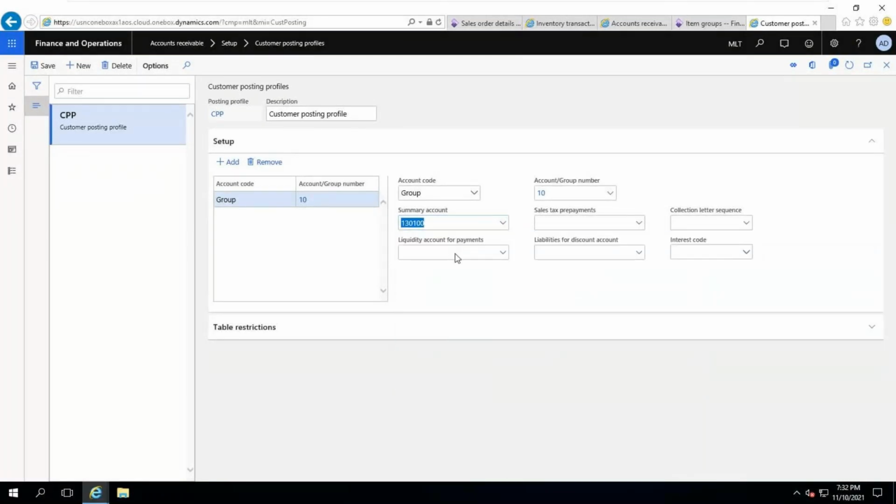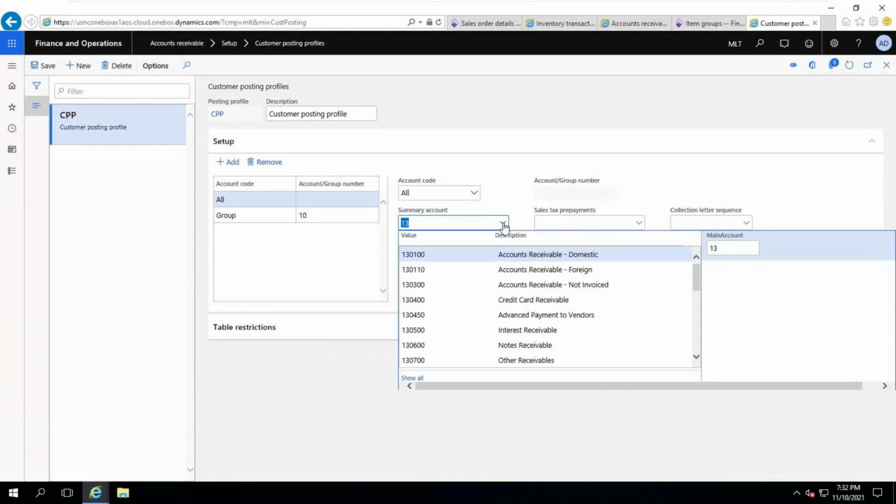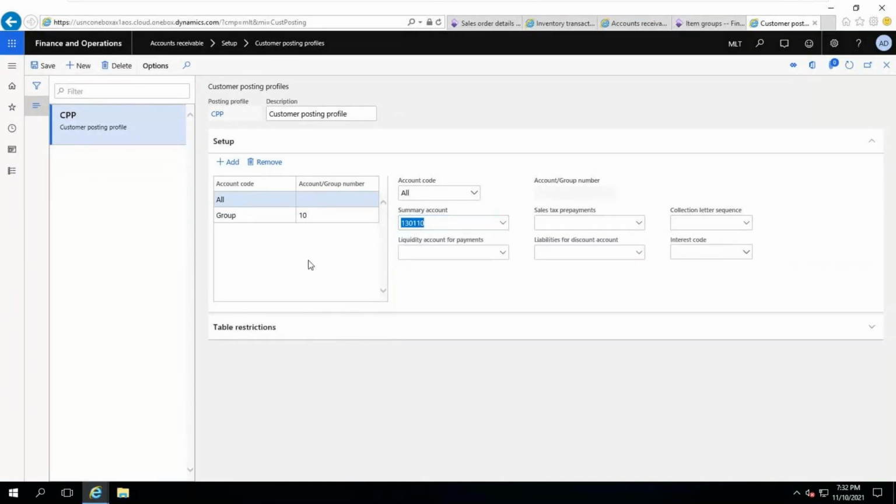That's it. So you can map all. 2030 is not mandatory. Anyhow, we have mapped only this one. If you want, you can map that 2030 also.